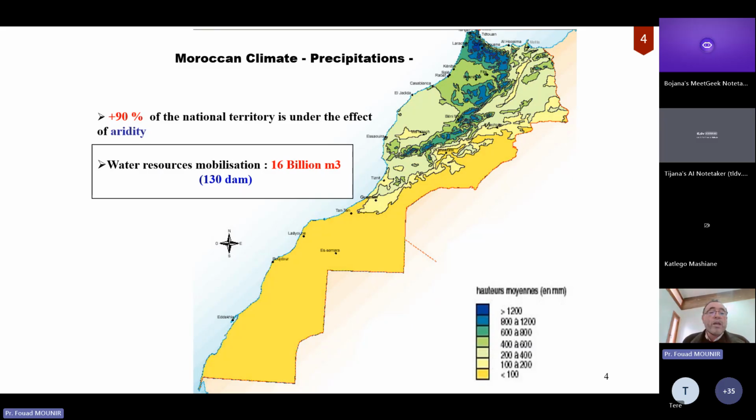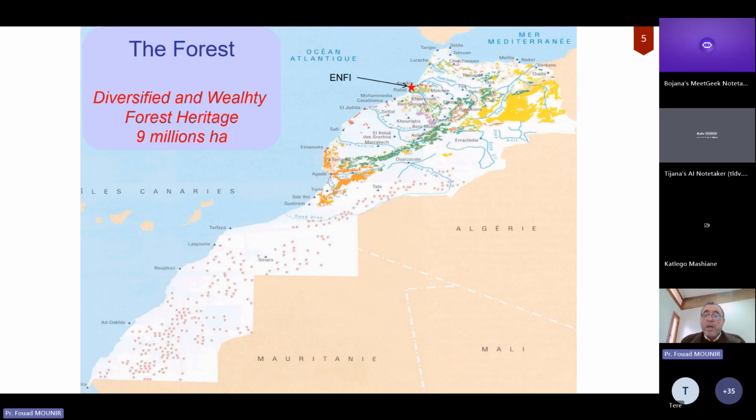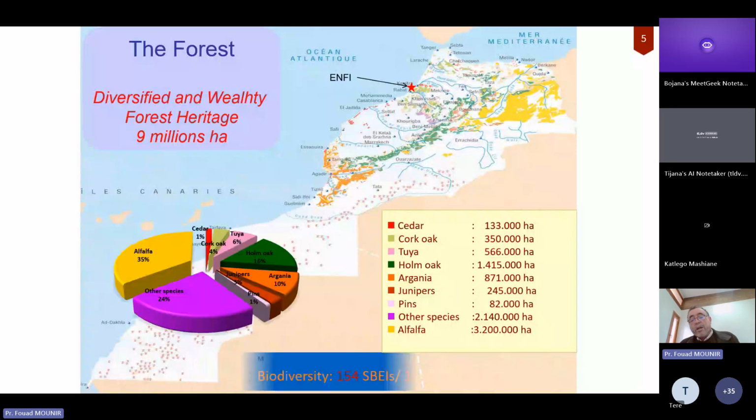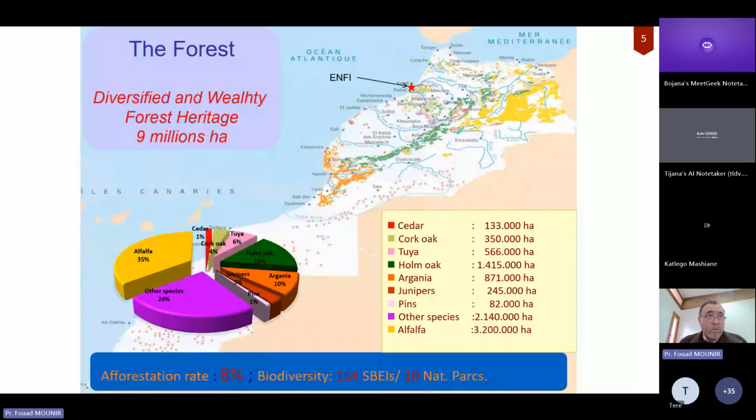Forest area in Morocco is about 9 million hectares, mainly composed of some emblematic species. We can name cedar, cork oak, tuya, holm oak, and argania, which is one of the species that exist only in Morocco, from which we are producing some services.